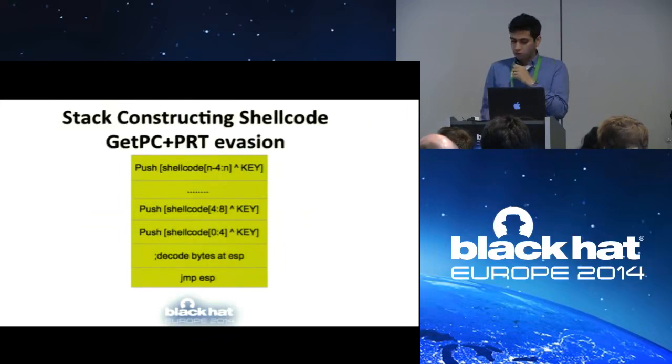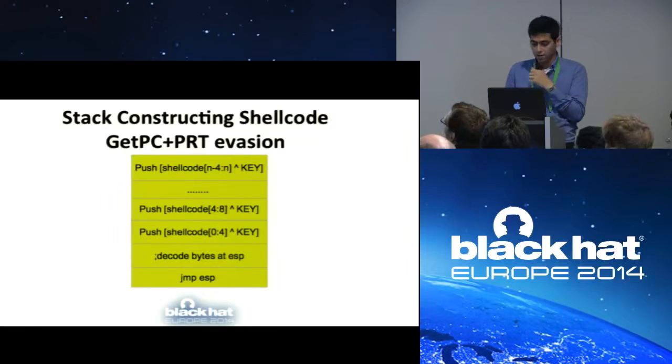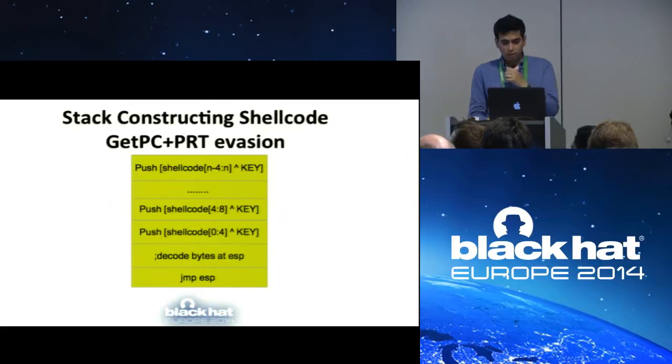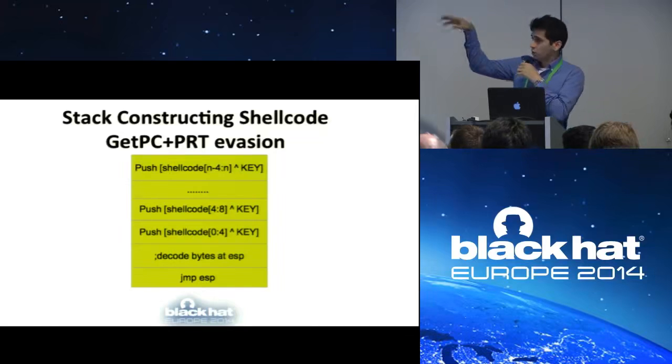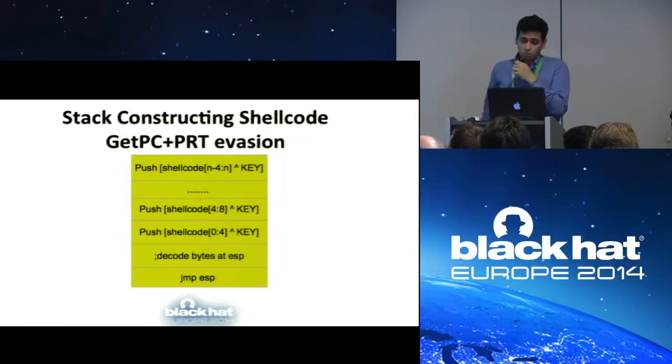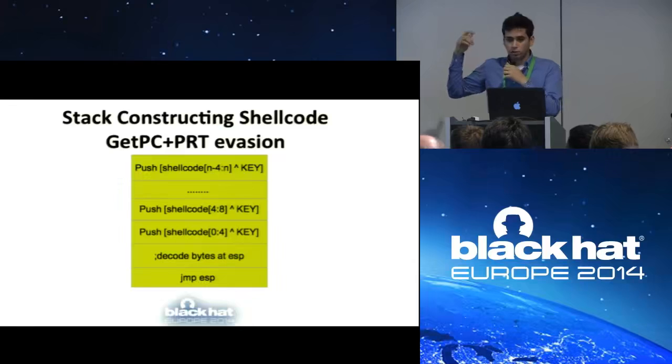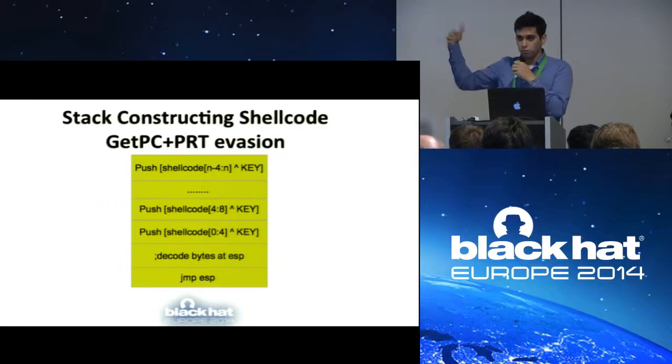Another evasion, as an implementation problem, of course, is stack constructed shellcode, which evades the NEMU's getPC and payload read threshold. The basic idea is that you have some XOR, DWORD pushing into the stack, which is your shellcode, and at the end, rather than directly calling your shellcode, which is kind of like getPC code, you jump to the beginning of your shellcode which you pushed to the stack.